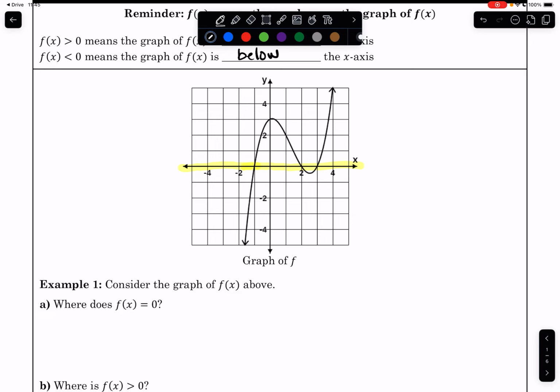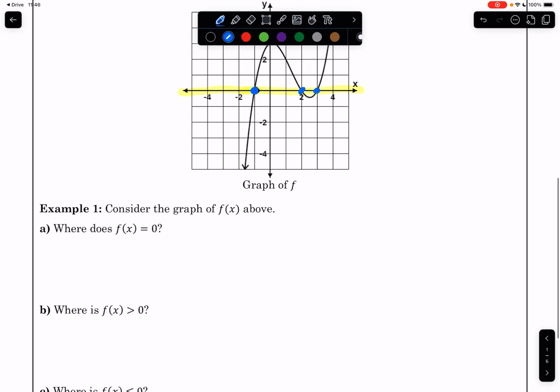For this example, that occurs at this coordinate, at this coordinate, and at that coordinate. So where does f of x equal 0? That occurs where your x value is -1, your x value is +2, and your x value is +3.